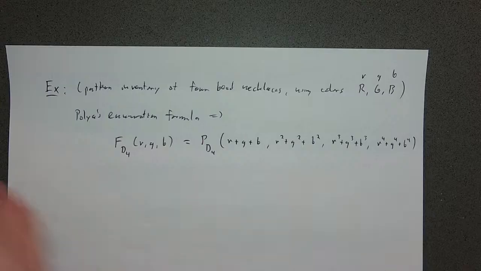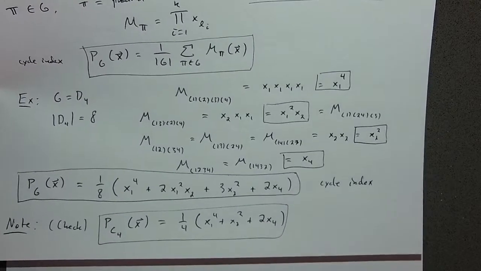But what is the cycle index in this case? Well, we've computed it already. Right? So let's go back. What is the cycle index for D4? It was exactly this thing.